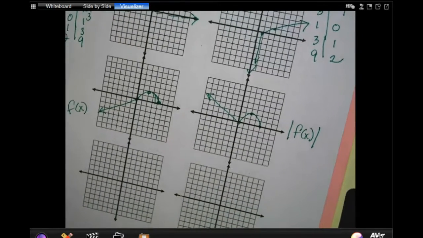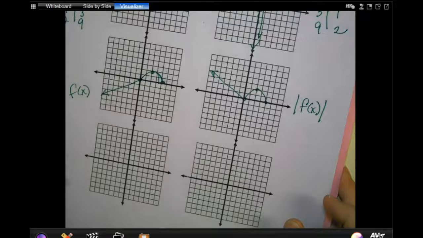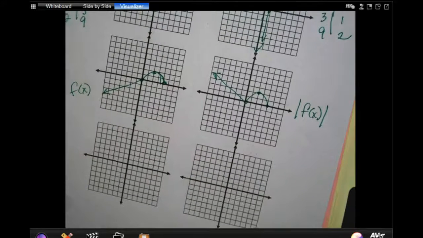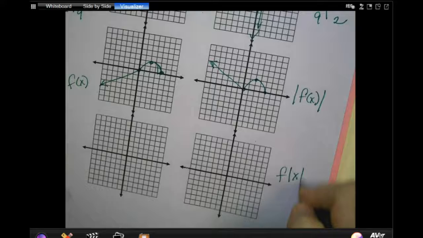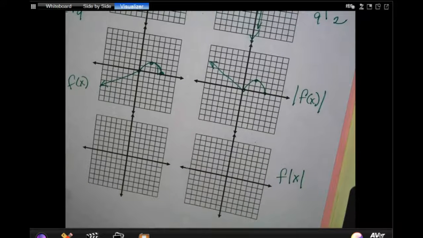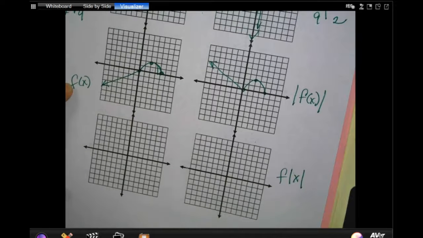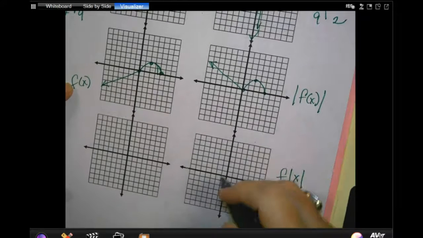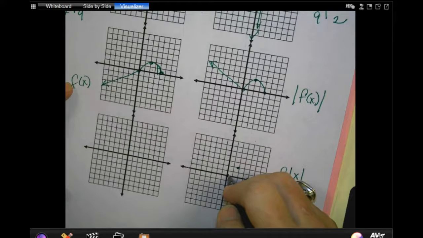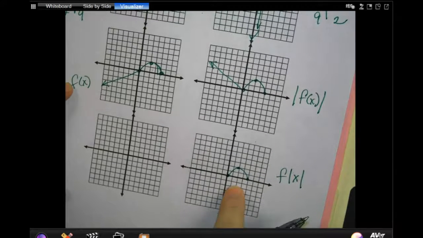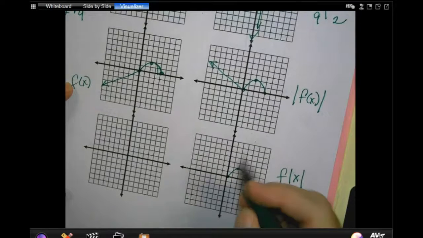Okay. So something like this has been on the homework, and something like this is on your test. So if you had this, what do I do with this? Keep the positive x's. So I'm going to keep my positive x's. And I take this and I flip it.